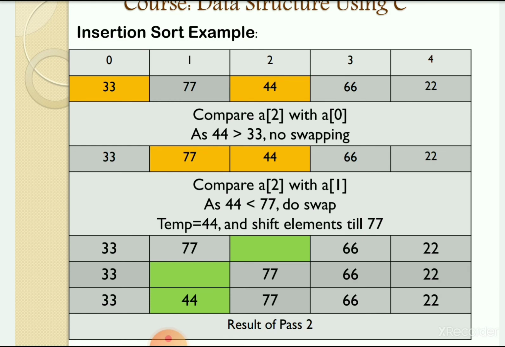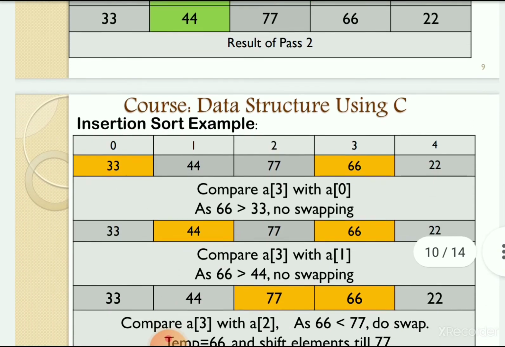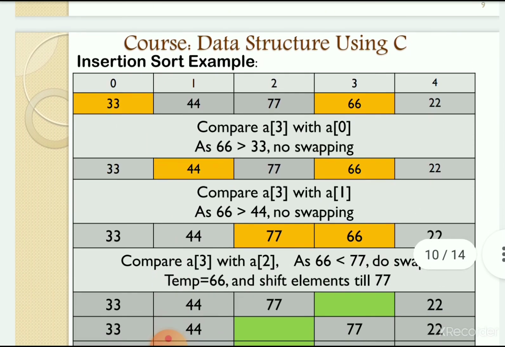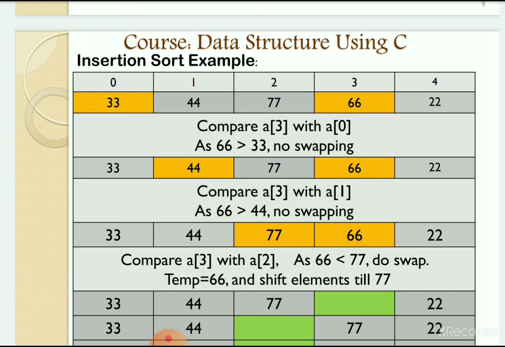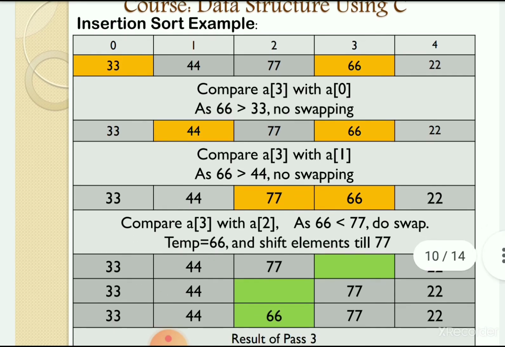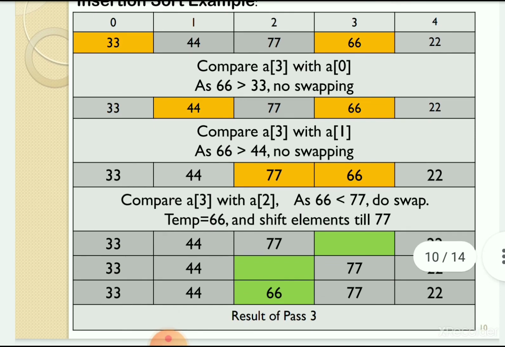66 and 22. In the next pass, we compare the third element with the 0th, first and second. So 66 compared with 33, no change. 66 compared with 44, again no change. Now 66 compared with 77, here 77 is greater than 66. Look at this. In the green space, the 66 is stored in the temporary variable.